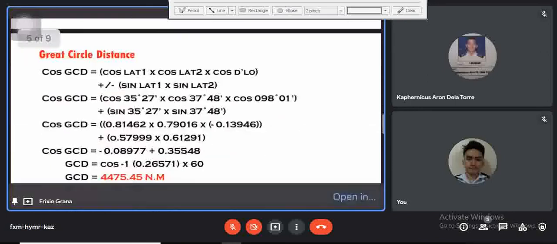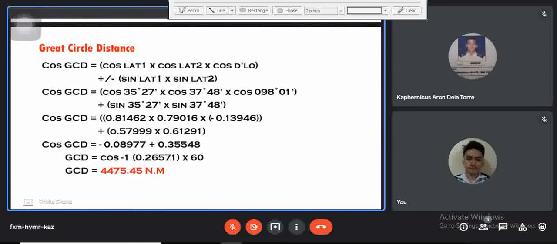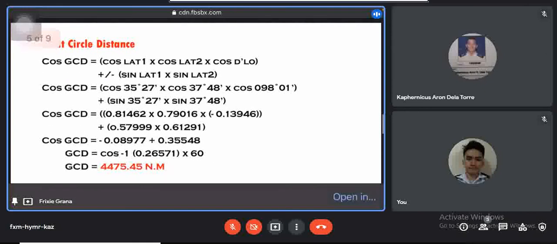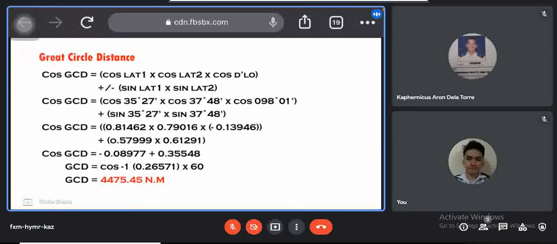For the great circle distance, here is the formula: cos GCD is equal to (cos lat 1 times cos lat 2 times cos d lo) plus or minus (sine lat 1 times sine lat 2). Here is the solution: cos GCD is equal to cos 35 degrees 27 minutes times cos 37 degrees 48 minutes times cos 098 degrees 01 minutes.